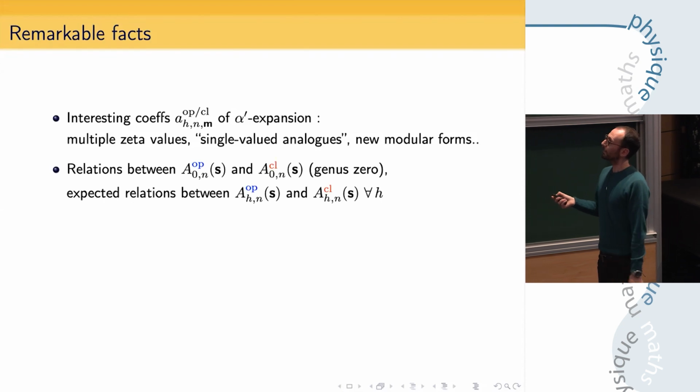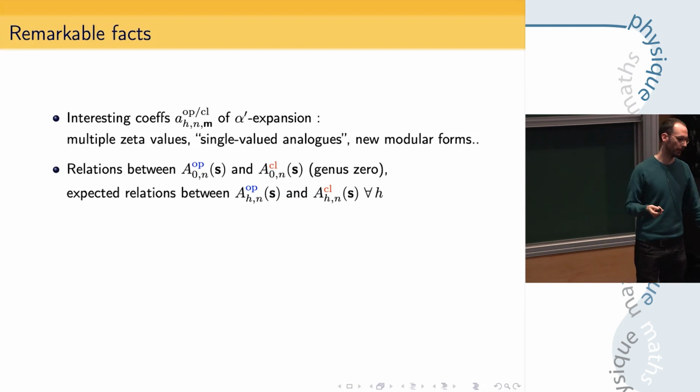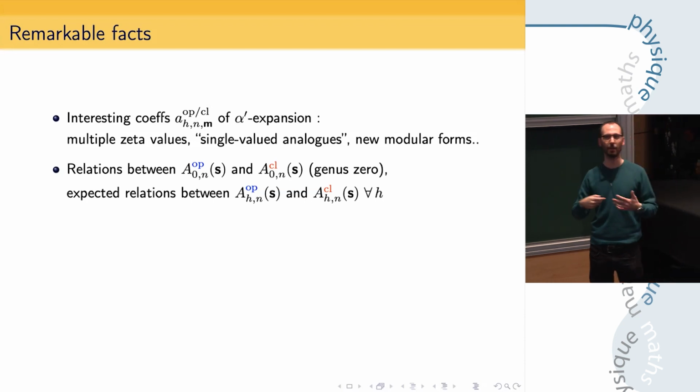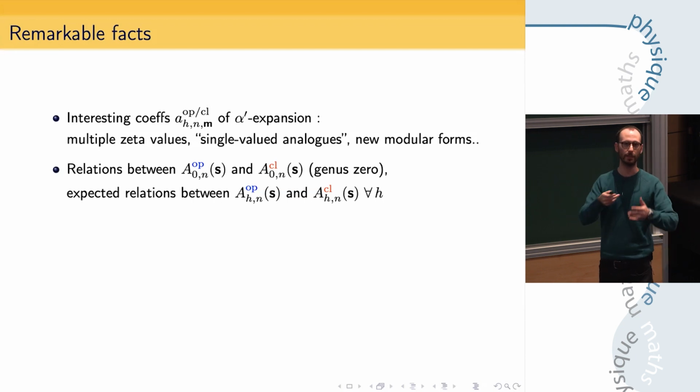Now, something else that Pierre has mentioned is that there are relations between open and closed string amplitudes at genus 0. So this is something known since the 80s. There were these Kawai-Lewellen-Tye relations, KLT, which were the starting point, as far as I know, of these double copy relations between gauge theories and gravity.